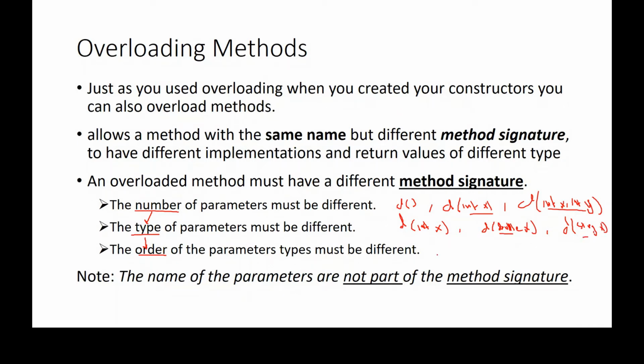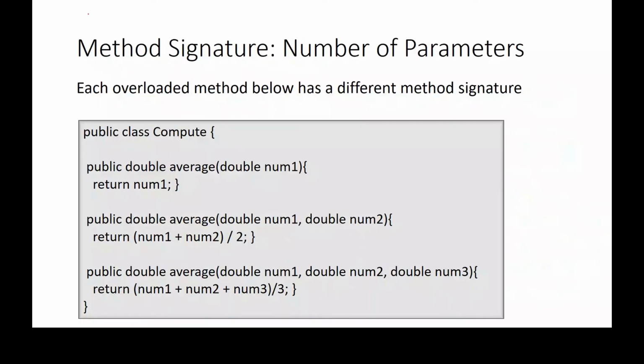If you change the order, for example, you have d integer x, double y. You can change the order and say, for example, d double and integer. So I change the order of the variables. Here it takes integer double, but here it takes double and integer. If you change any of these, the number or the type or the order, you change the signature of the methods. Okay, this is an example.